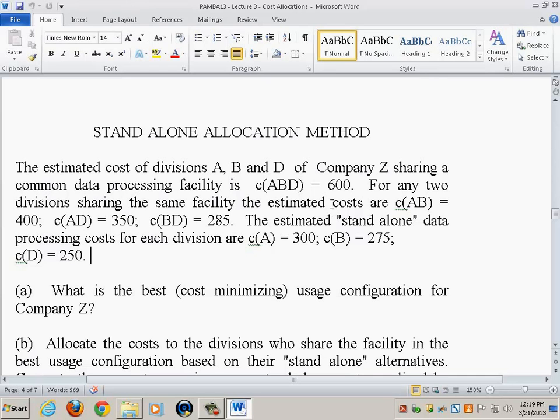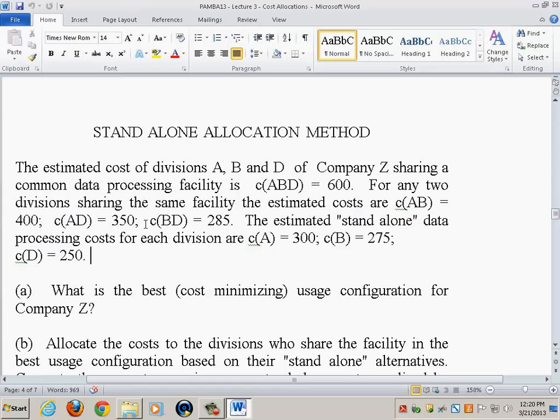Well, there are other possibilities of any two divisions having their own joint data processing facility, and the third division, the one who doesn't, going it alone. So if A and B want to have a joint facility, the estimated cost would be 400, and then of course D will have to go it alone, and D would incur 250.